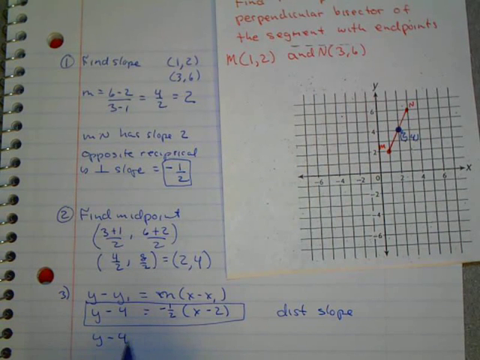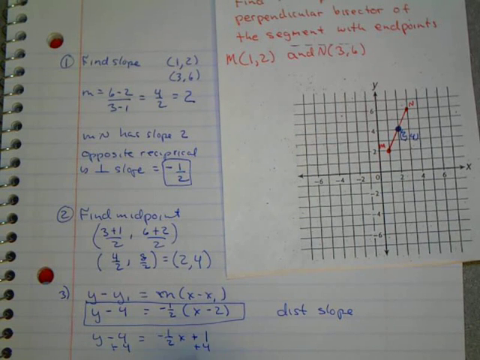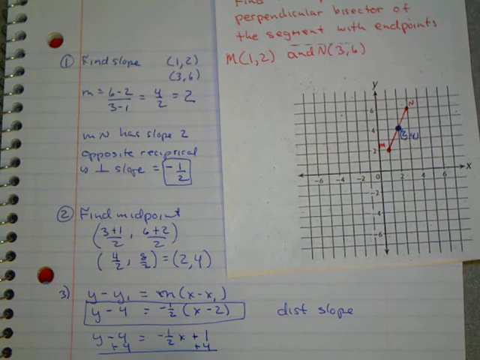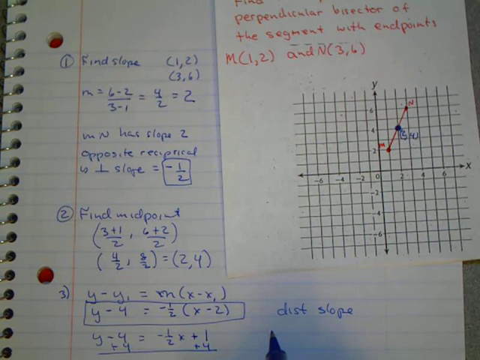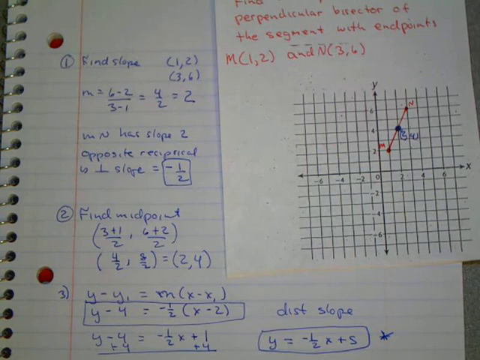I have y minus 4 equals negative 1/2 x, and a negative times a negative is a positive, and half of 2 is 1. Then if I add my 4 to both sides, I end up with the equation y equals negative 1/2 x plus 5. That's the equation of the perpendicular bisector of this segment.